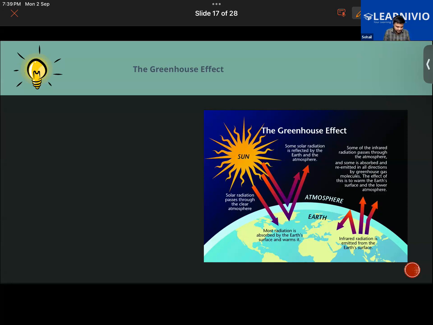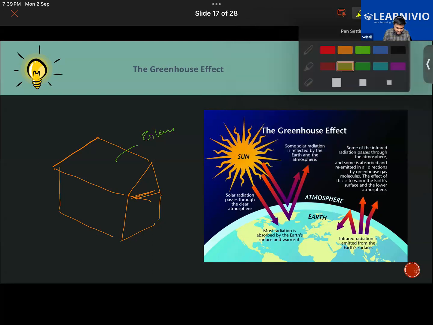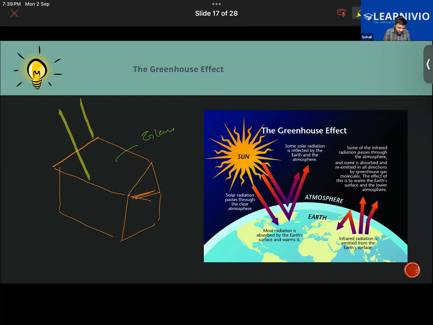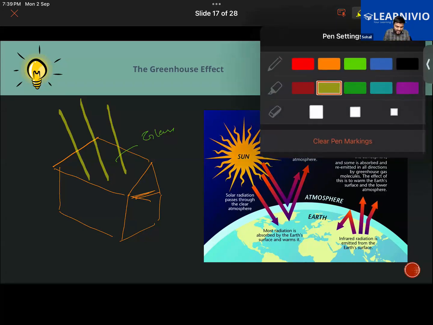So in the case of a greenhouse, what we get to observe, say that this is a greenhouse, and the roof is made out of glass. As the sun's rays fall on these glass roofs, those glass roofs become heated and trap that heat.